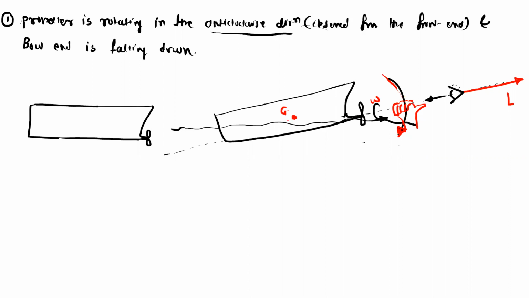So there has to be some torque acting on the ship in this direction. Because of this torque in this direction, there will be angular momentum, and that angular momentum is perpendicular to the plane of the ship and it is pointing away from the plane.